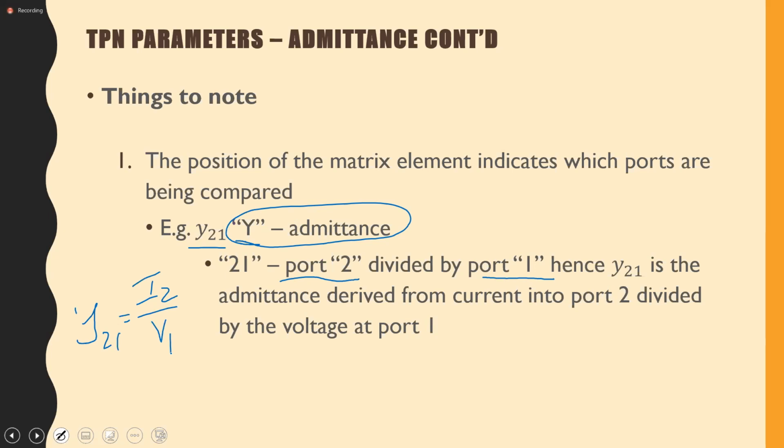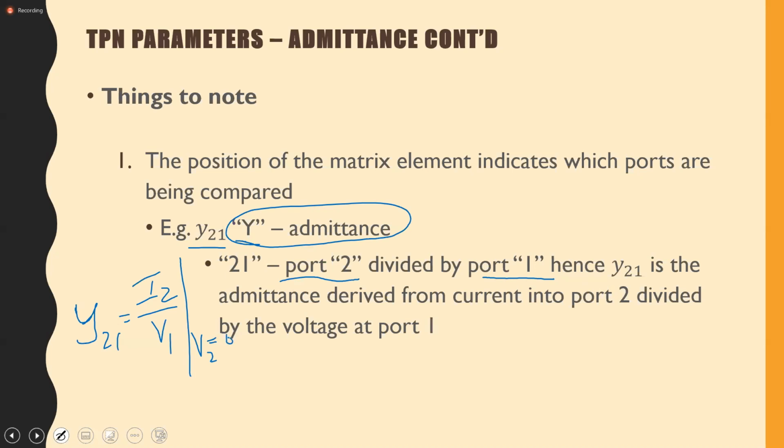The other thing we need to note, ladies and gentlemen, is that in order for me to get Y21, I had to short circuit one of the ports, or rather, I had to make the other variable 0. In this case, the variable was the voltage, and the voltage I made 0 was at port 2.